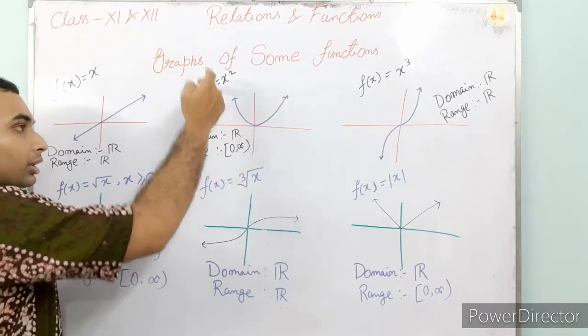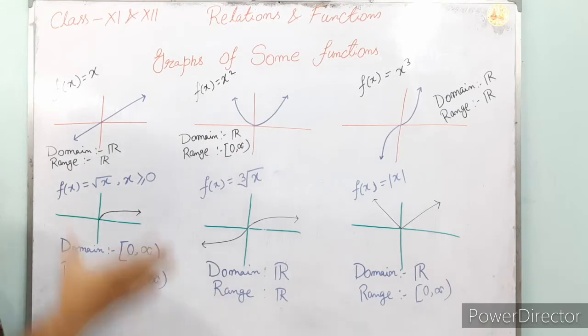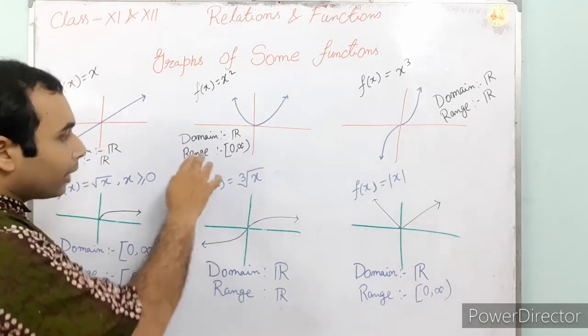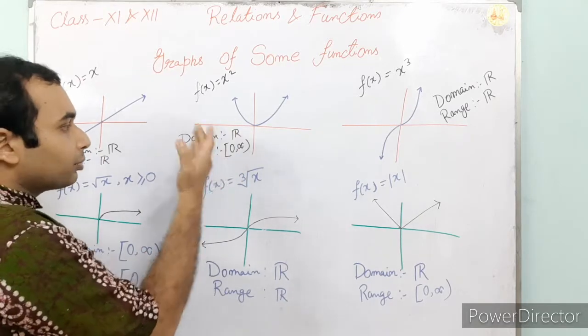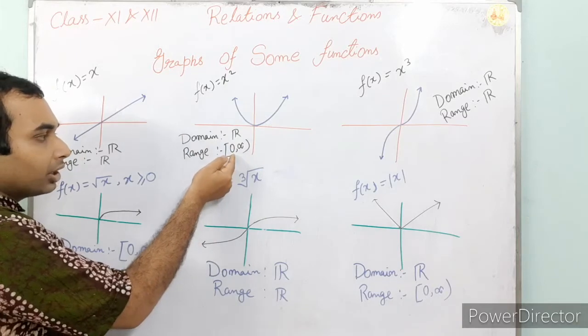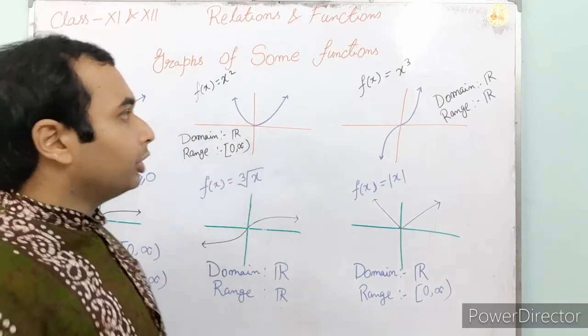That's why the graph looks like this. So the domain is obviously the total real number set, but the range is changed because we have to take the positive only. So it starts from 0 and goes up to infinity.